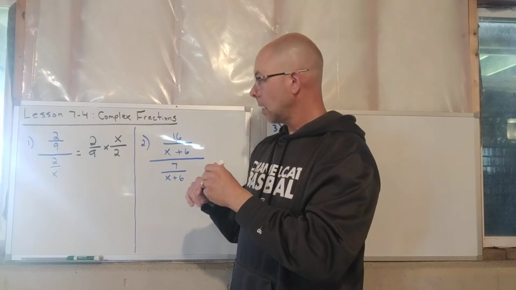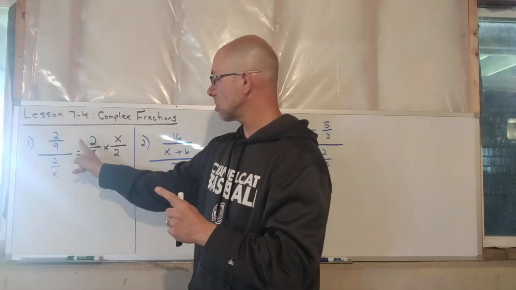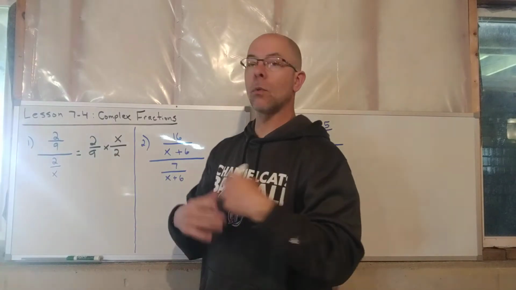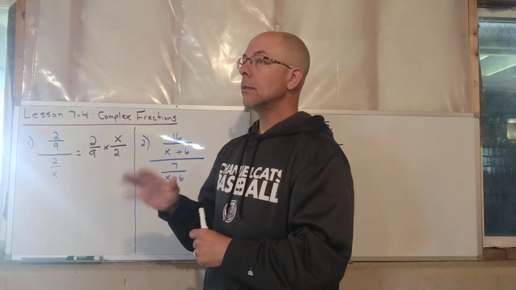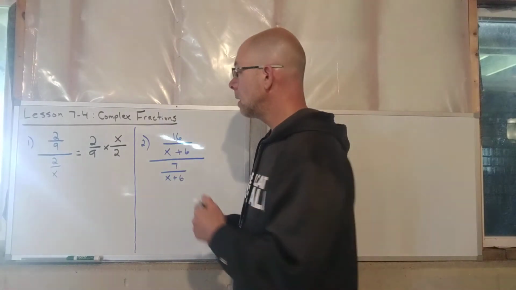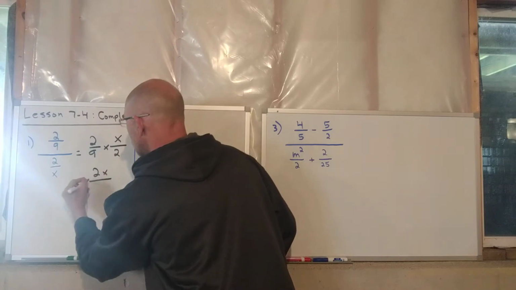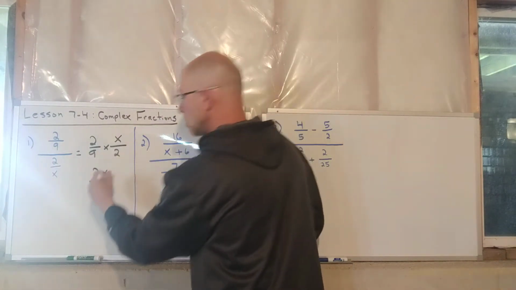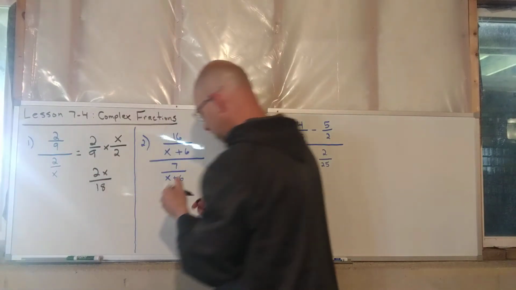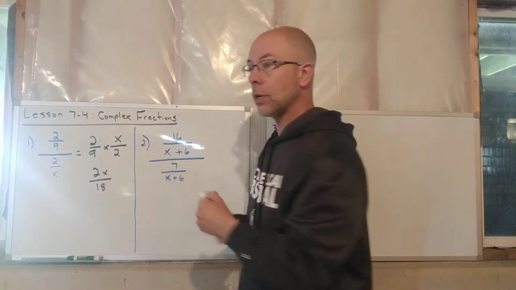Okay? Multiply is the nicest thing there is because it's just top to top, bottom to bottom, reduce if necessary. Common denominator is not a thing in multiplication, that's addition, subtraction. So if I multiply across the top, I get 2x. Multiply across the bottom, 9 times 2 is 18. And I can reduce right here, the 2/18 reduces.